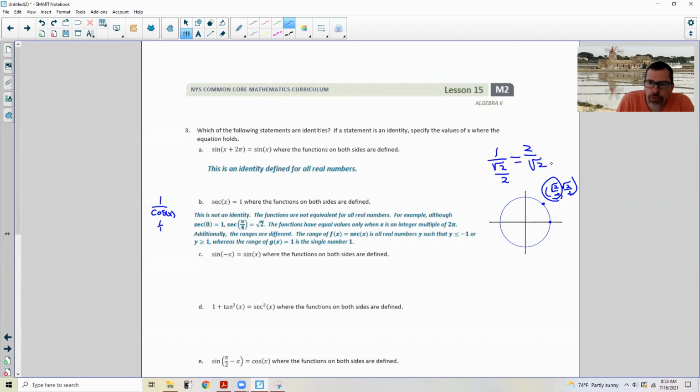And you multiply by root 2 over root 2, you get 2 root 2 over 2, and that cancels, and that's where the square root of 2 came from. So the secant of pi over 4 is the square root of 2. They have equal values only when x is an integer multiple of 2 pi. Okay, and then they talk about the ranges.